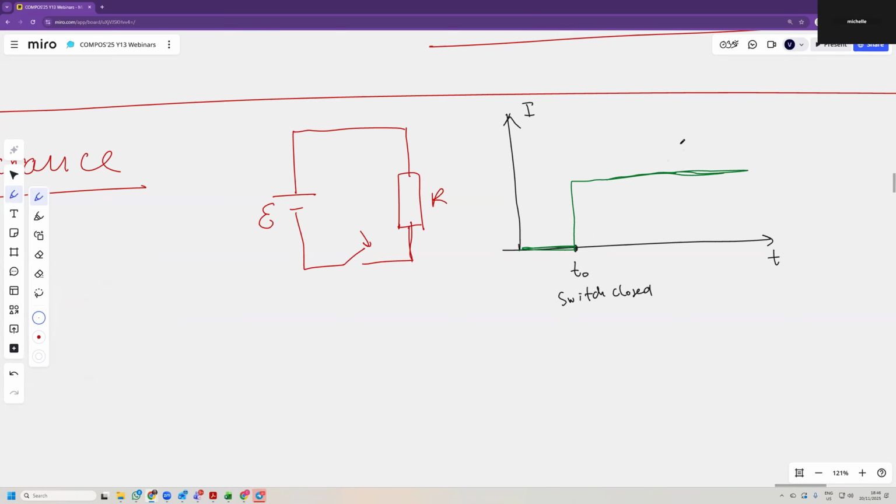But common sense tells you that that doesn't happen in real life. In real life, you would have something like this. It will be quick, but it wouldn't be instant.